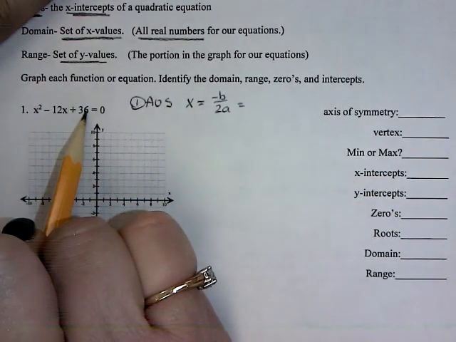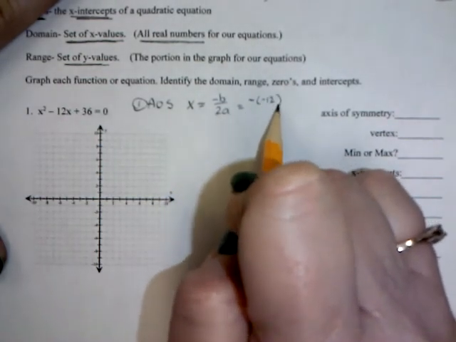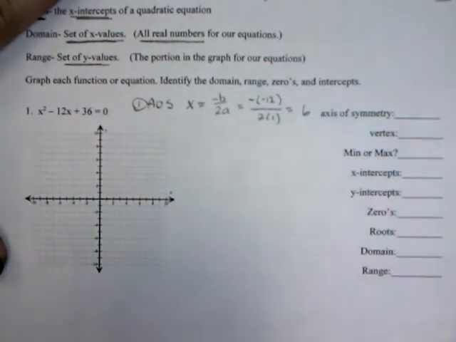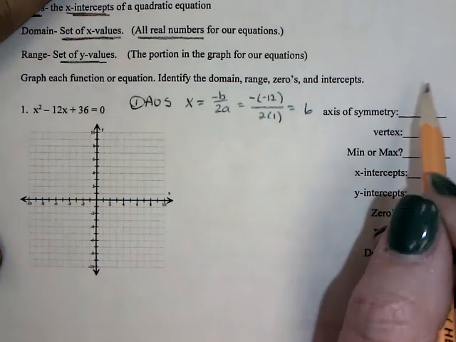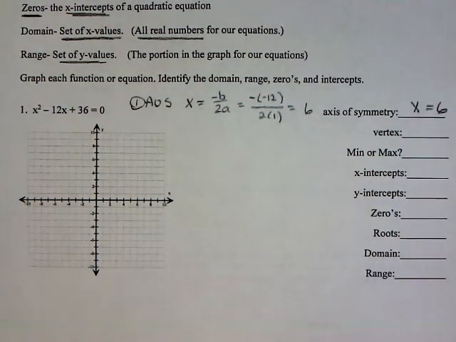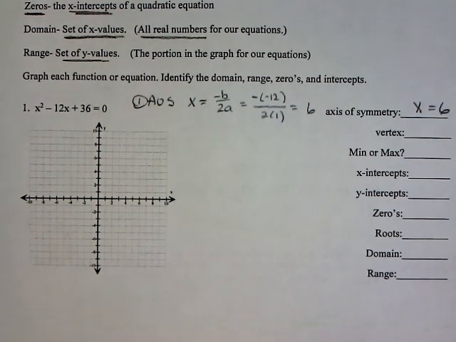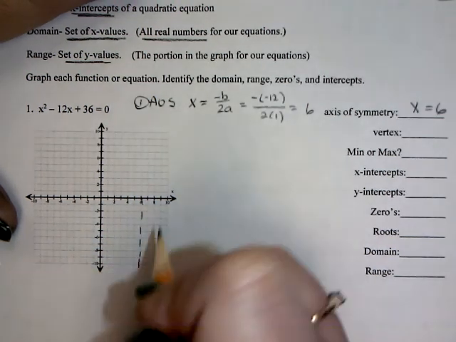Remember, the a, b, and c come from inside my equation, so it's negative negative 12 for my b over 2 times 1, so it's 6. Remember, it is an equation. X equals 6. It is not the number 6. It is an imaginary line that we make that is a reflection line for our graph. So at 6, we need to go ahead and make our imaginary little reflection line.